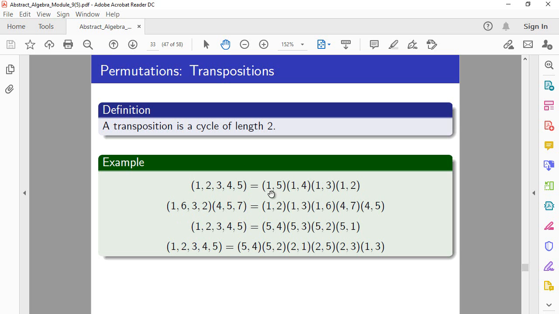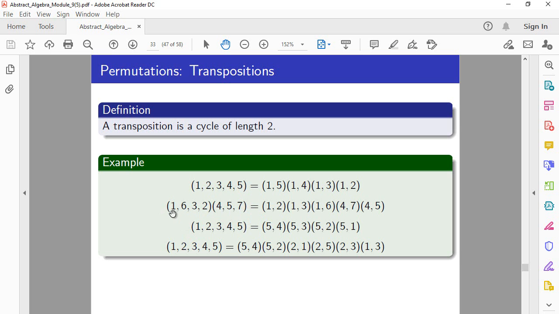So notice that I'm getting 1, 5, pairing up 1 with 5, 1, 4, 1, 3, and 1, 2. So 1, 5, 1, 4, 1, 3, 1, 2. And if I have this, then individually each one of them I can express as a product of transpositions. So the whole thing can be expressed as a product of transpositions.